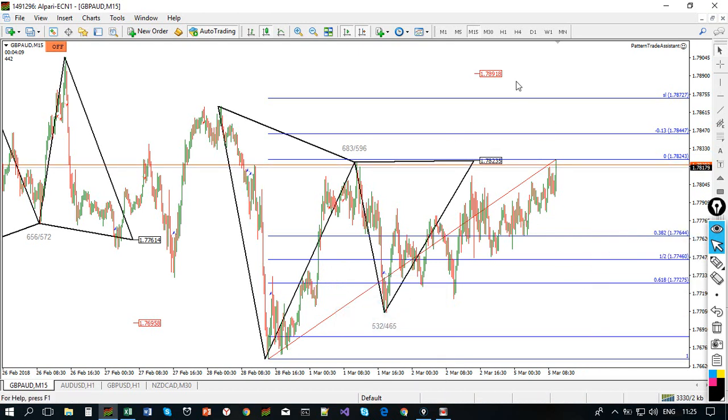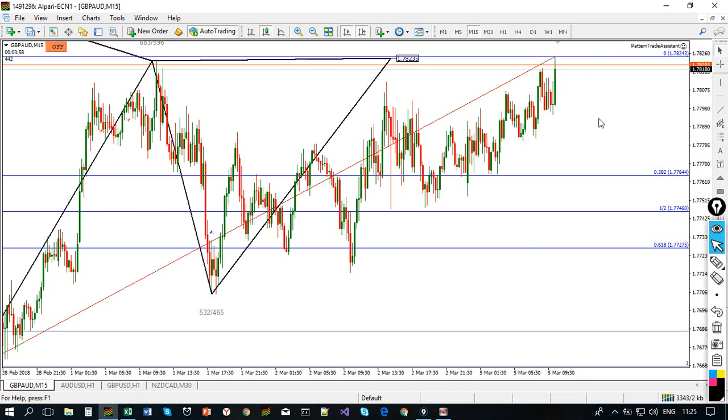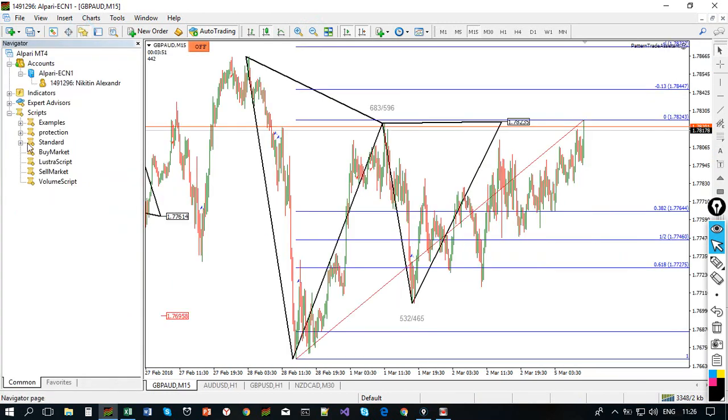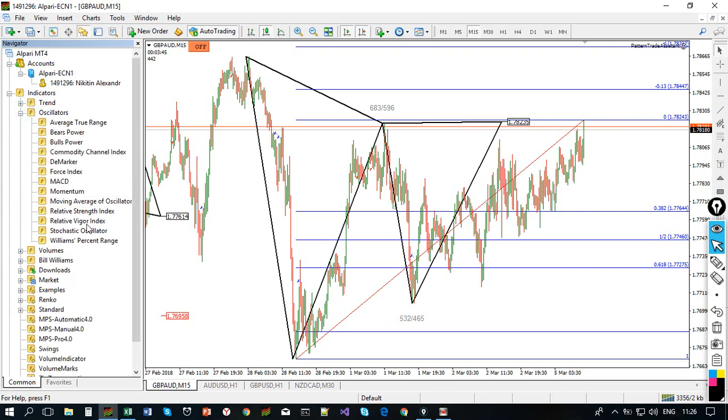Okay, so what I will be looking for now is this arrow to appear. This arrow will mean that we have the RSI going out from an overbought or oversold condition. You can also apply the RSI. Oscillators, RSI.